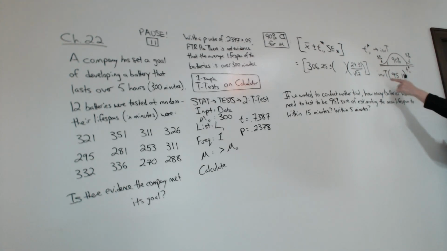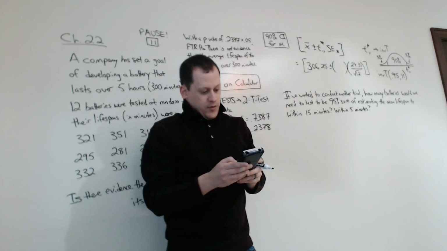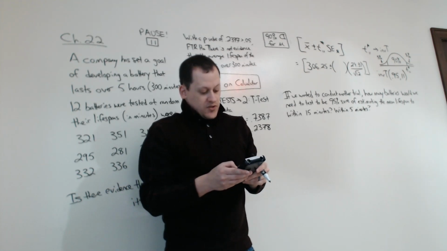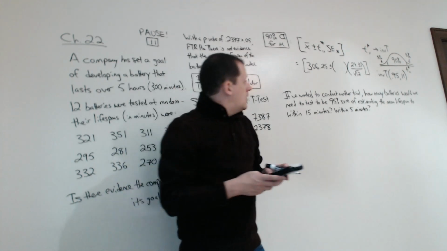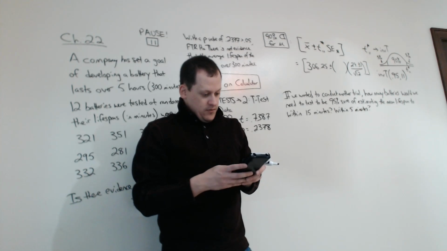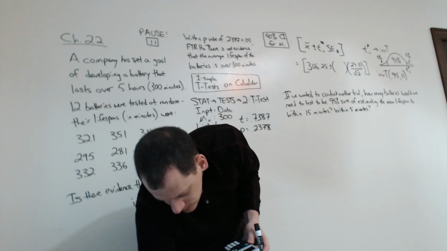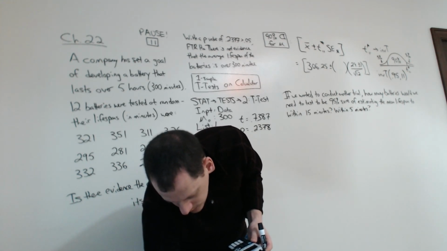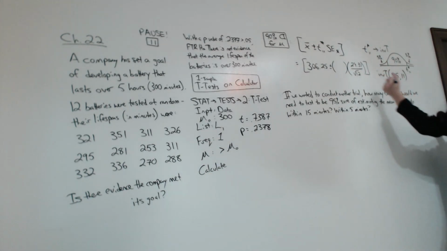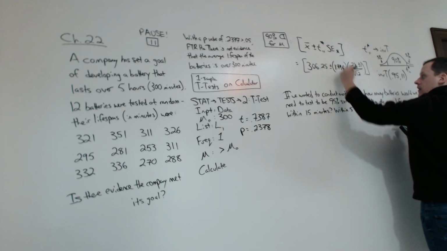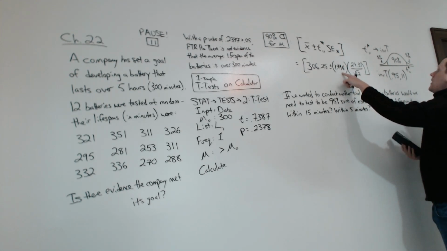If you type this into inverse t, it should give you what you need. So let me do that real quick. You go to inverse t. That's under second dist. And for me, it's number 4, inverse t. Put in 0.95, comma 11. Takes it a second to think. And it gives me 1.796. 1.796 for the value of t star.